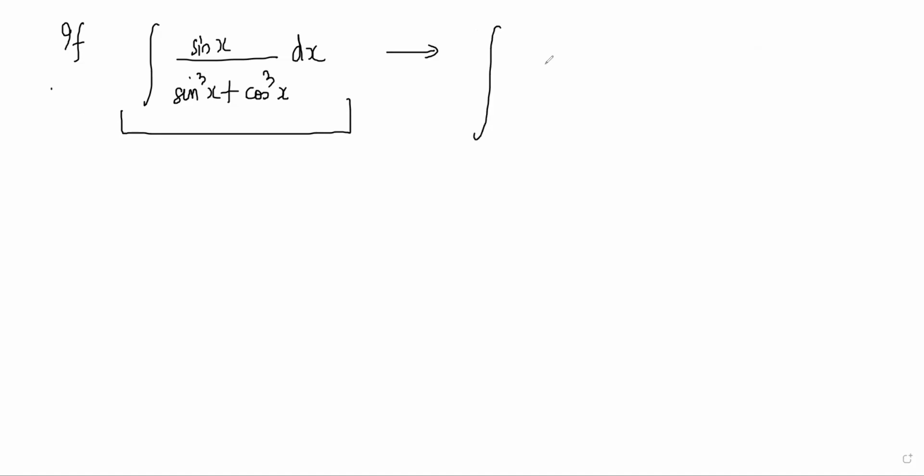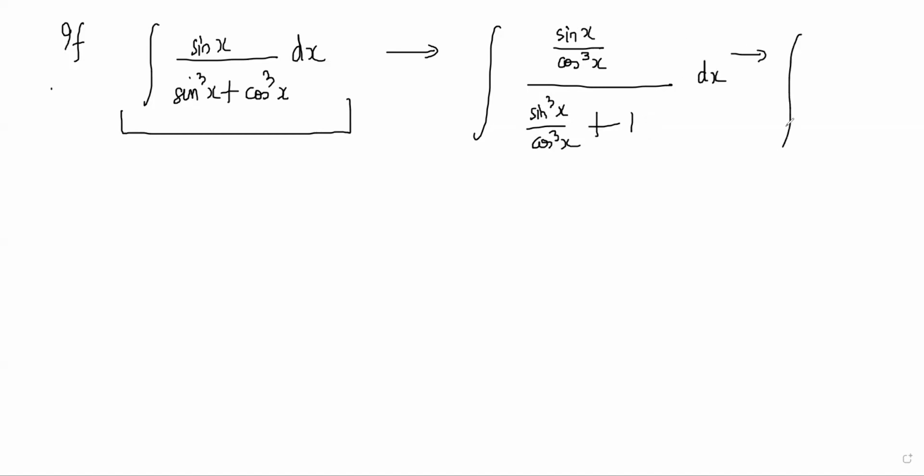In this case, if you divide by cos cube, notice what will happen. It will become sin cube by cos cube plus cos cube by cos cube, which is 1, right? So the top part becomes tan x times sec square x divided by 1 plus tan cube x.